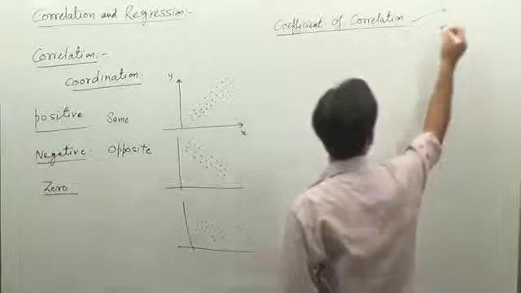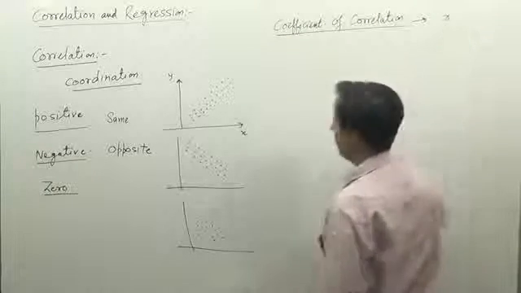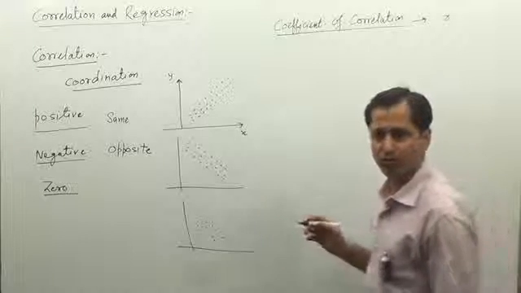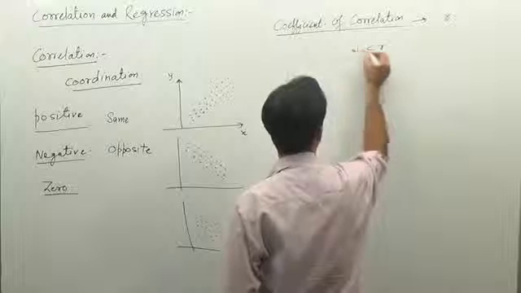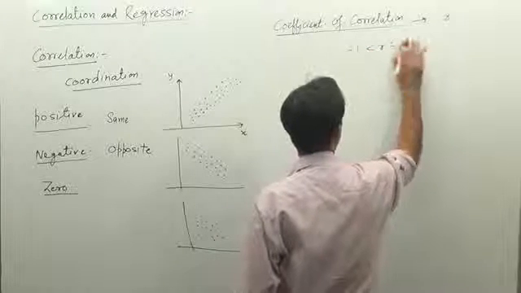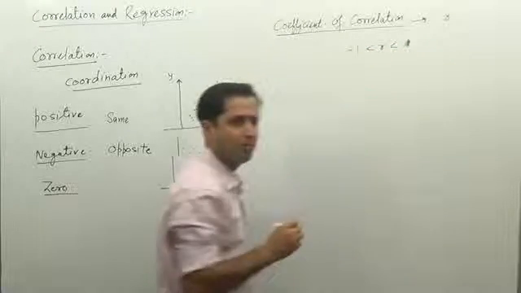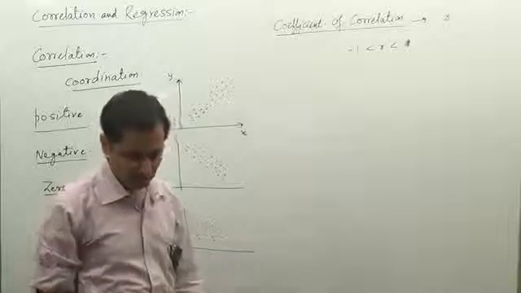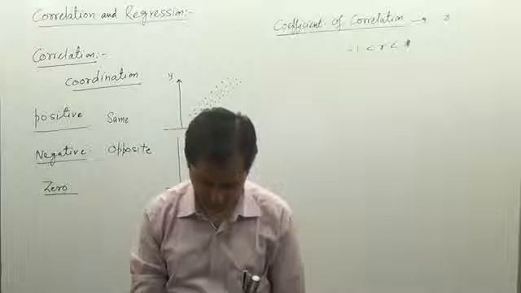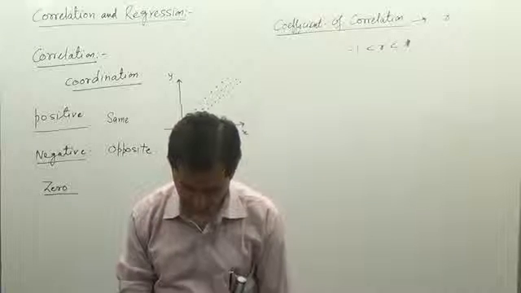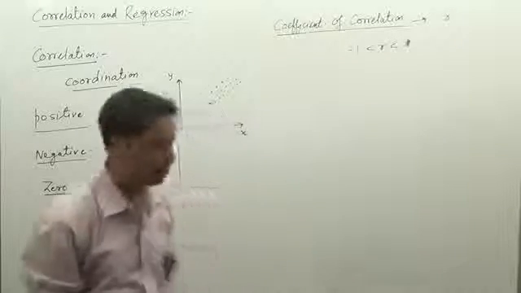Now commonly we write this by a small r, and this small r lies between -1 and 1.